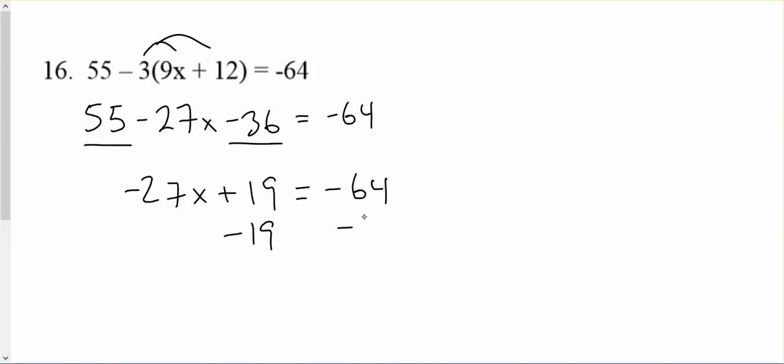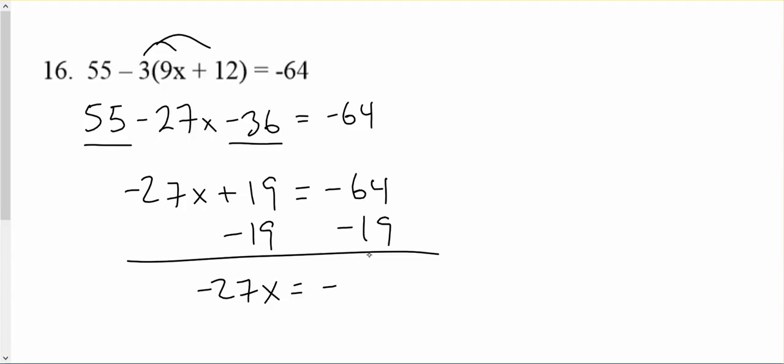Subtract 19, and we get negative 27x equals negative, what's this, 83. And divide by negative 27. I don't know if that's going to go in evenly. 54. No, so let's just leave that.